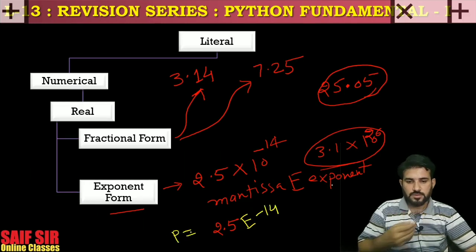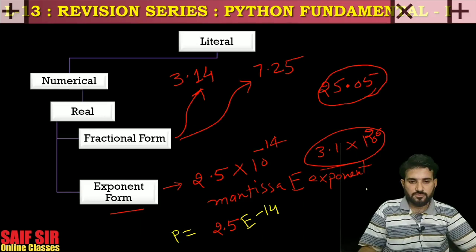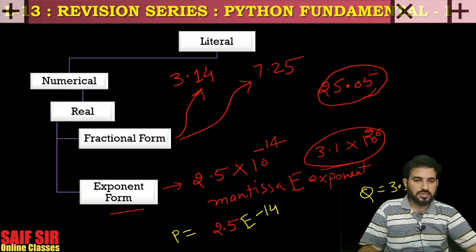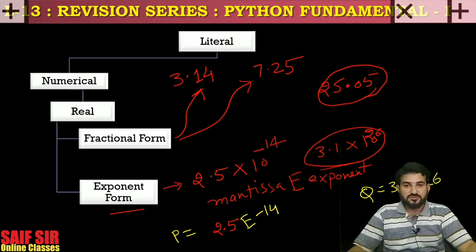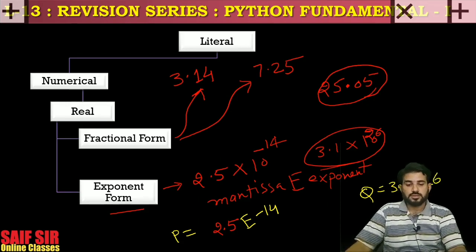Suppose p is equal to that, and similarly for this number, let's say q is equal to 3.1 e 26. You can use either capital E or a small e, both are allowed in Python, no problem. So this is the way you can specify exponent form and fractional form of the literals.